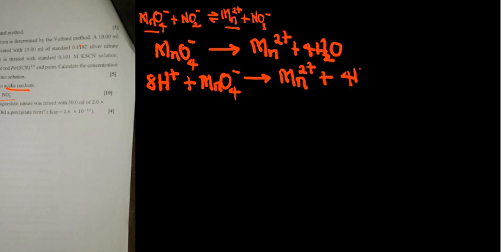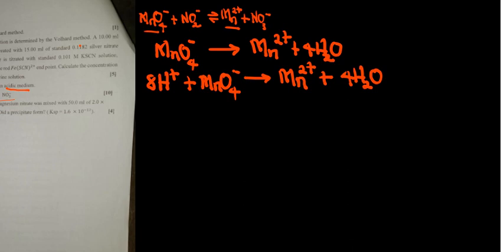So I've got 8 atoms of hydrogen here. Since I've got 8 atoms of hydrogen, you're supposed to balance them on the side of the reactants. So I'm going to add 8 H plus on the side of the reactants: 8 H plus, MnO4 gives Mn 2 plus, plus the 4 water molecules that are here.